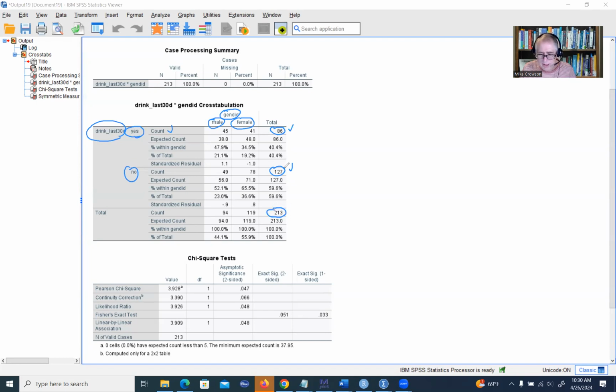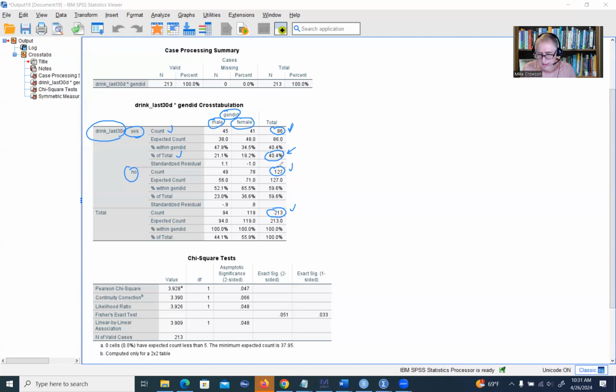You'll notice too that we have percentages given. Right here it says percent of total. The percent of total is computed by taking the 86 and dividing by 213, the total sample size, and multiplying by 100%. So 40.4% of our sample indicated yes, they have had a drink over the last 30 days.